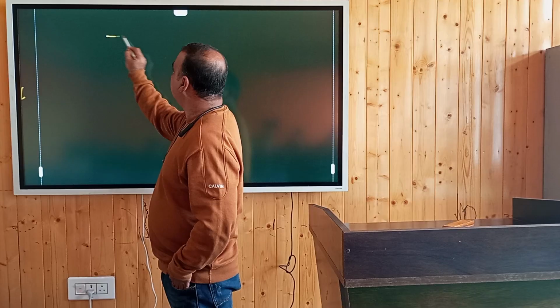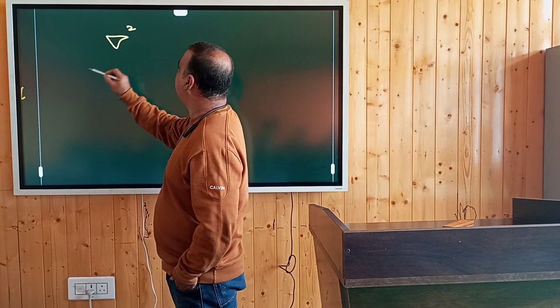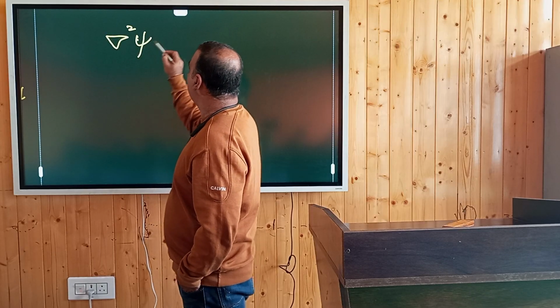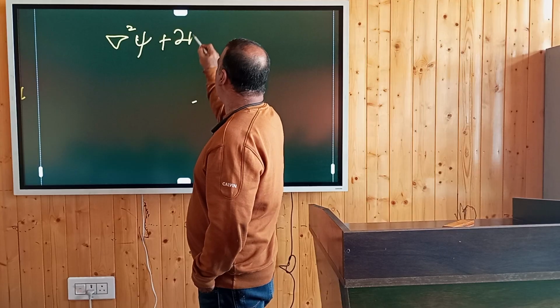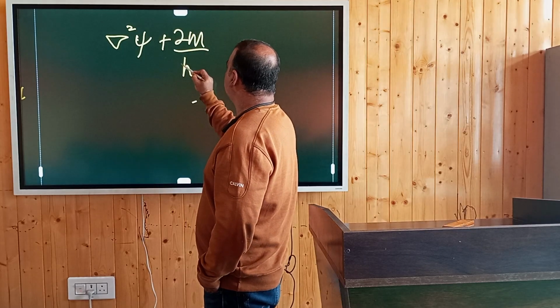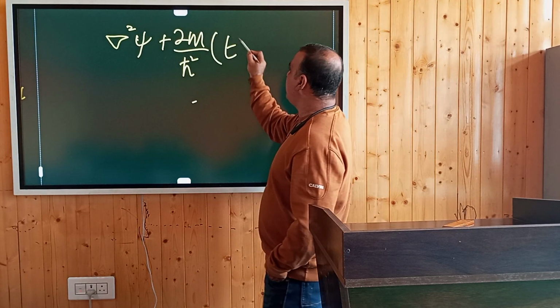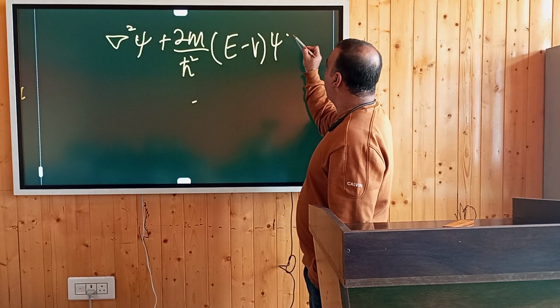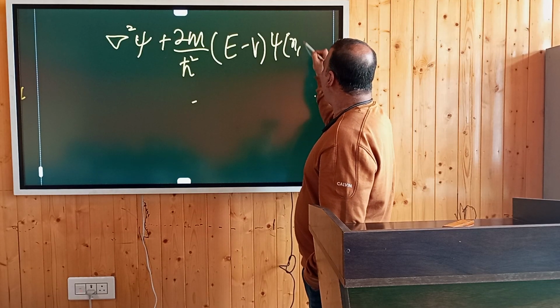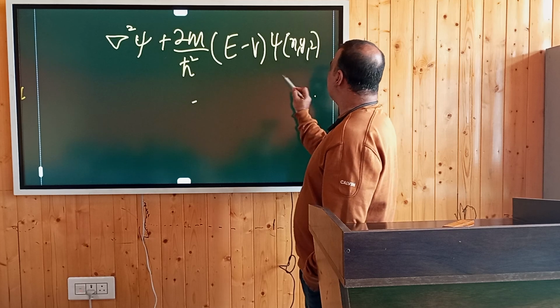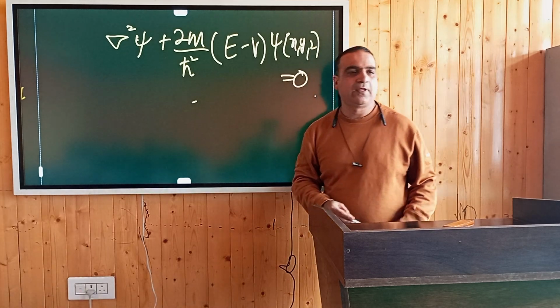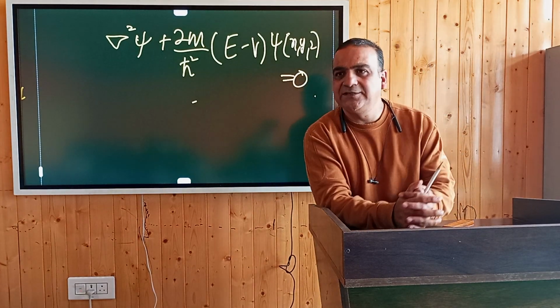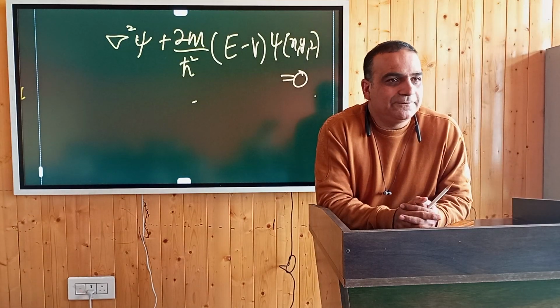That will be del square psi plus 2m by h cross square, E minus V, of psi as a function of x, y, and z, is equal to 0. Right? So this is our Schrodinger's time independent equation.